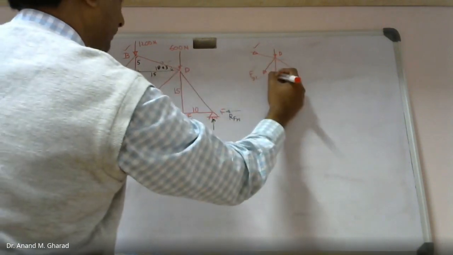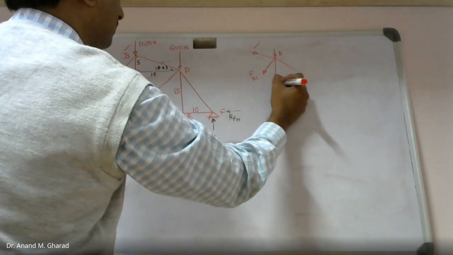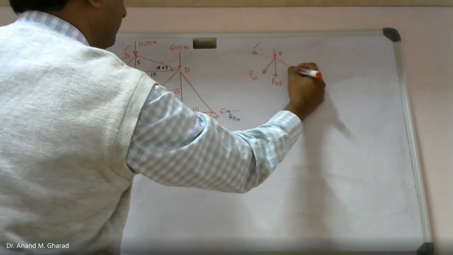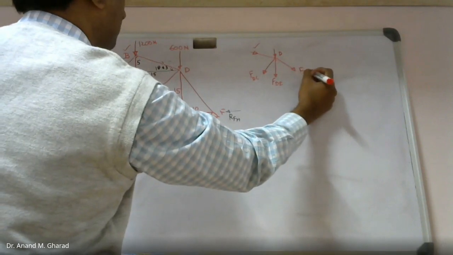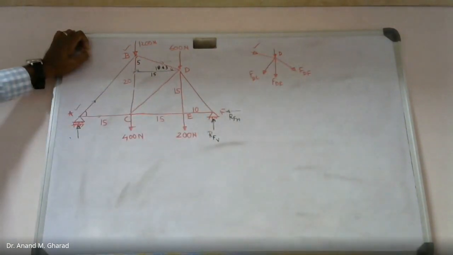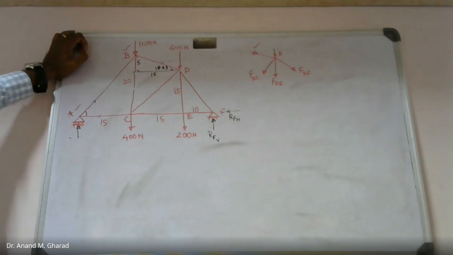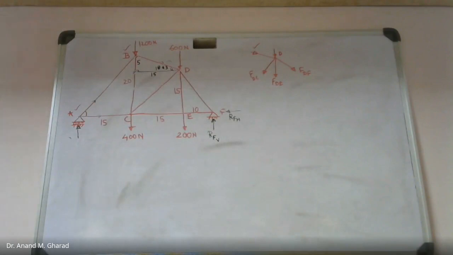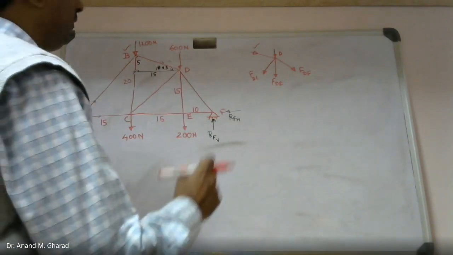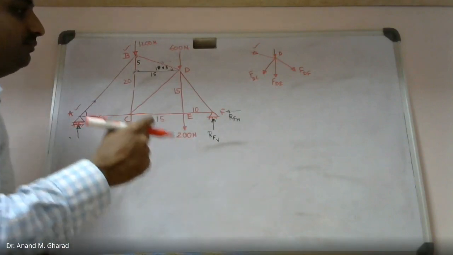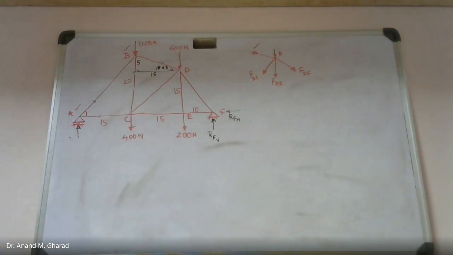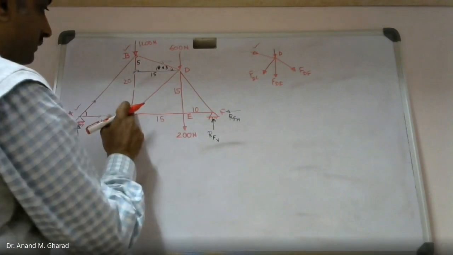Force in member DE, this is unknown. And force in member DF, again this is unknown. So see, there are three unknowns. And we cannot make use of moment equation in this case. Why? Because everything is concurrent. So choose such a joint wherein you will find that there are minimum number of unknowns. Isn't it?